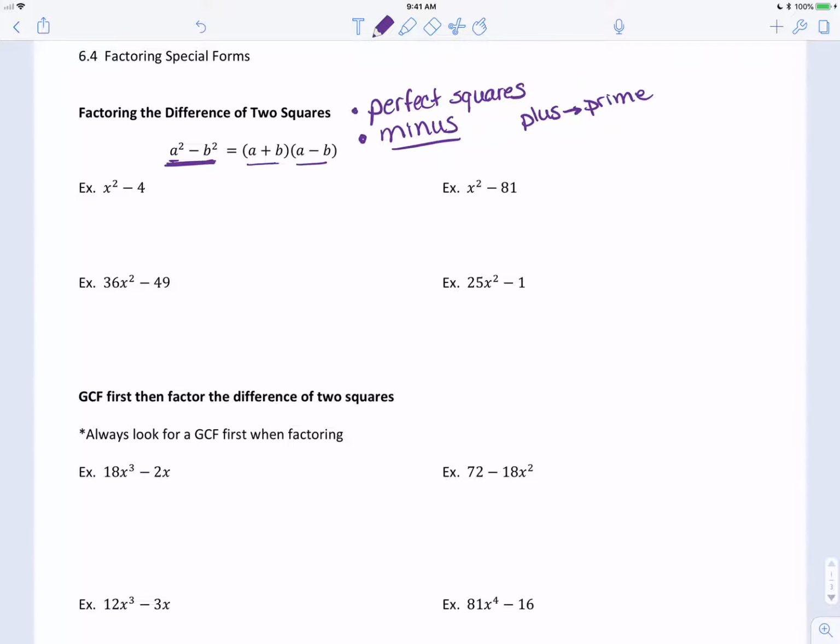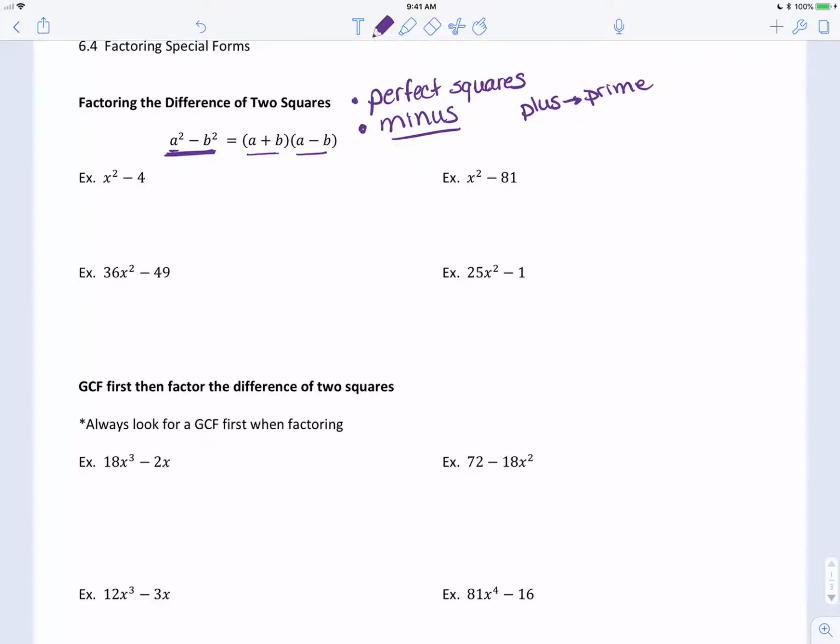It has to be that minus sign so that one of those factors can be plus, one can be minus, and that way they can be factored to get rid of that middle term. So remember, if it's a plus sign, it's going to be prime. If it's a minus sign, we're going to look and see if it's the difference of two squares.